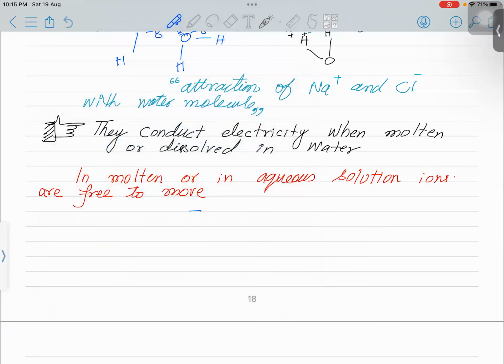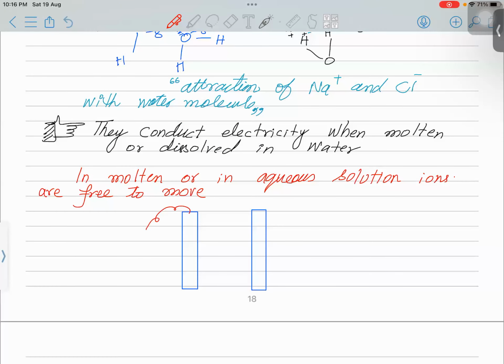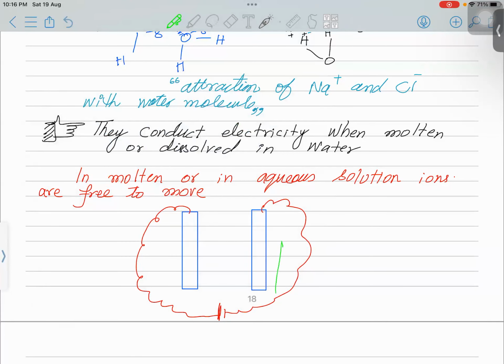Now you can see this is the electrode. Here you have a container. In the container, you have sodium chloride.